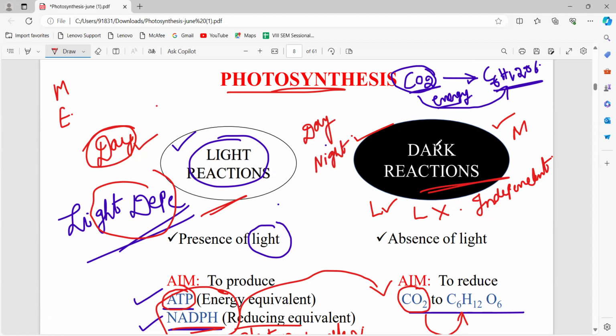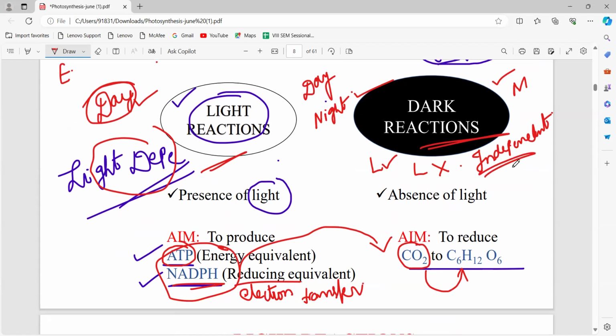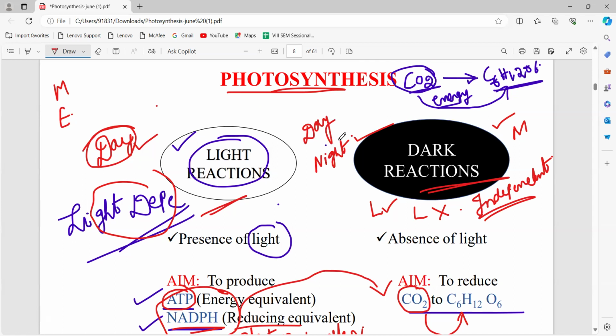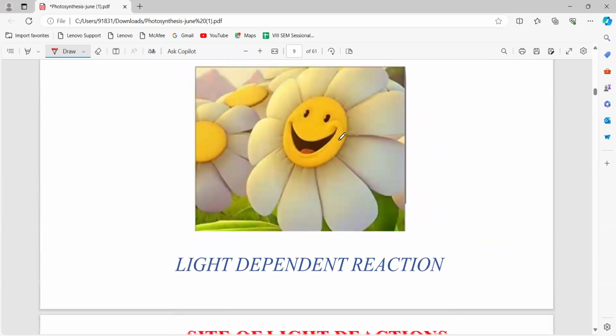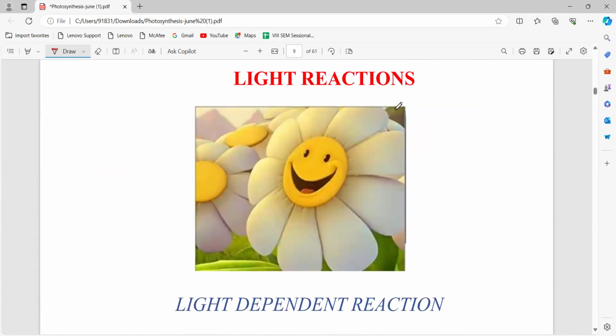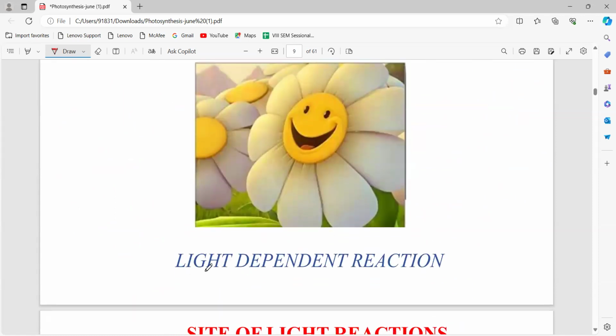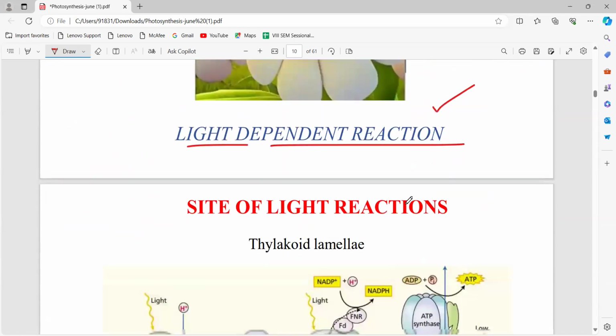Dark reactions doesn't mean that they are occurring in the dark. Dark reactions means they are light independent reactions. It doesn't matter whether the light is present or absent. No point of getting confused over there. Now listen, light reactions are also said to be what reactions? Light dependent reactions. No point of getting confused.